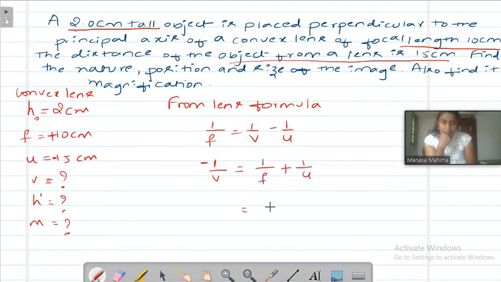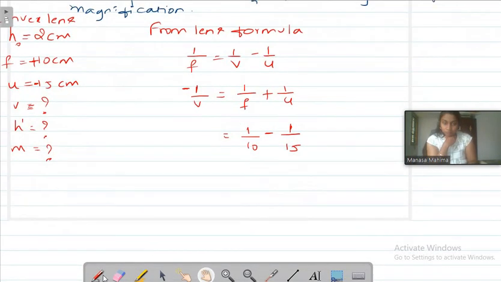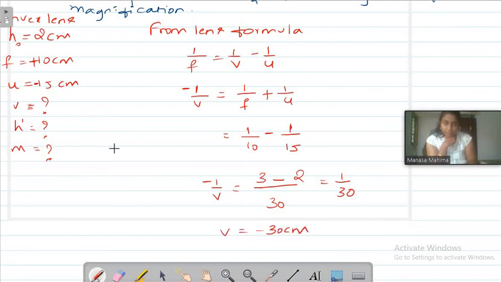So 1 by 10, plus, since u is negative, minus 1 by 15. If I solve for LCM, it will be 30. So it is 3 minus 2, 1 by 30. So 1 by v is 1 by 30, and the v value is plus 30 centimeter.